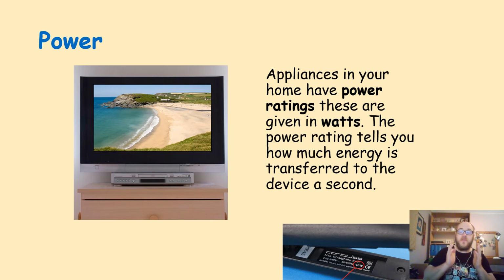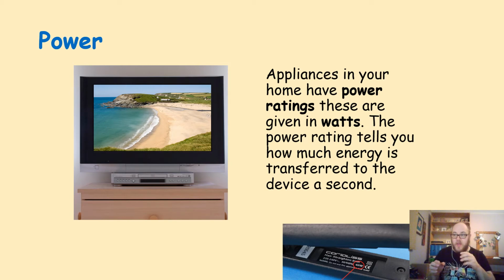Okay, so all of the appliances in your home will have a power rating on them. Your TV, your kettle, your microwave, essentially anything with a plug will have a power rating on it. And what that power rating means is it tells you how much energy is going to be transferred to that device every second. Look at these hair straighteners right here. These hair straighteners have a power rating of 40 watts.